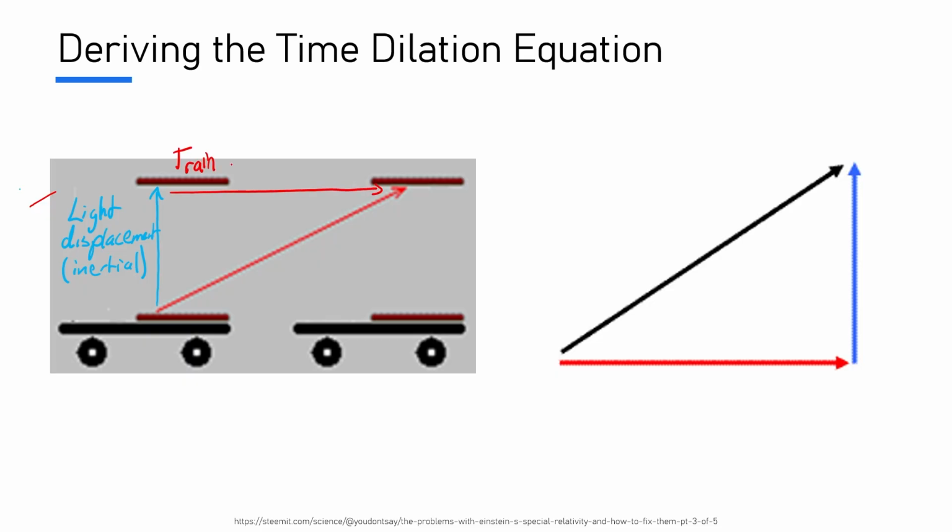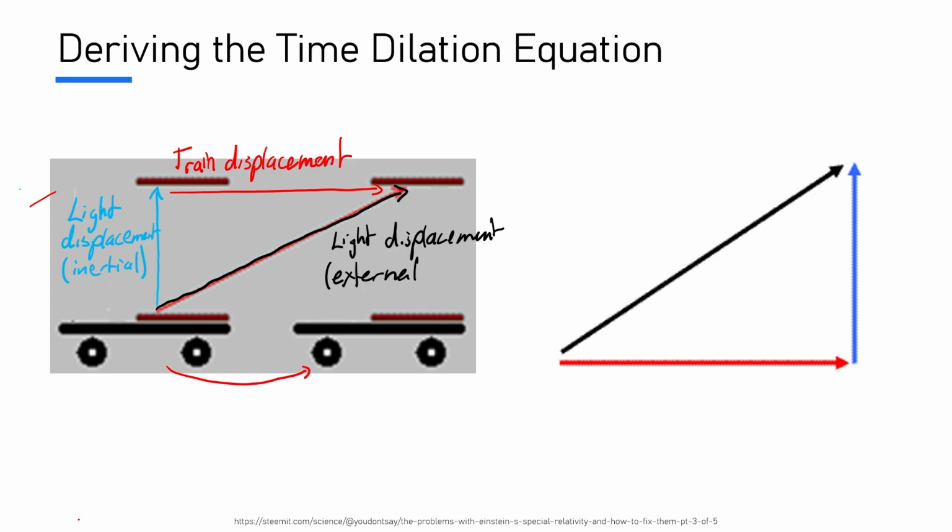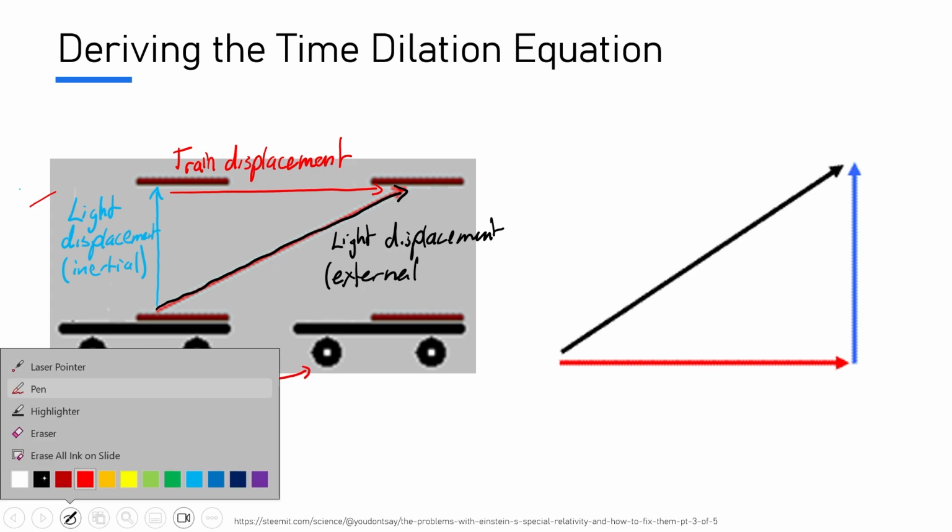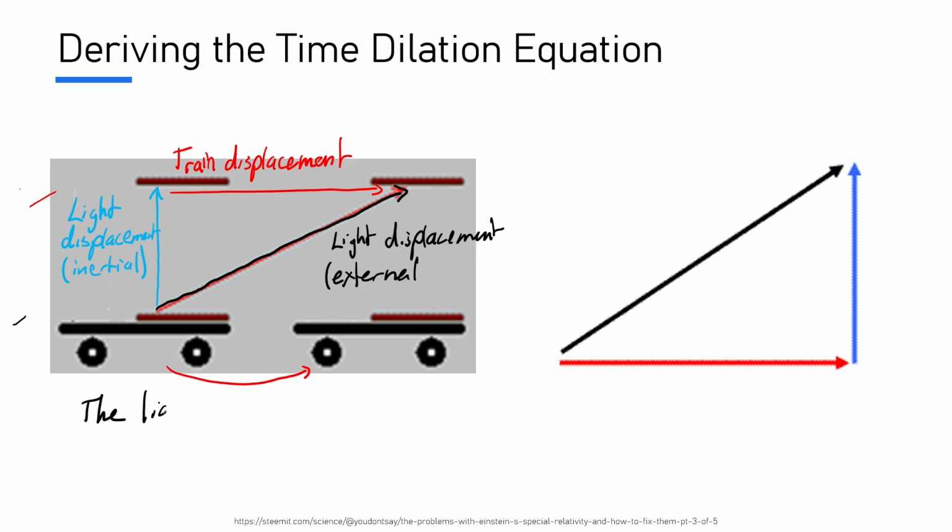We've got the red vector, which demonstrates the train displacing, and the diagonal vector, or the one that I'm drawing in black, as the displacement of the light that the external observer will see. And essentially that displacement is the vector sum of the blue and the red vector. What we can see here is that the light and the train are both displacing as time passes. Therefore, what we observe is different for the two observers.